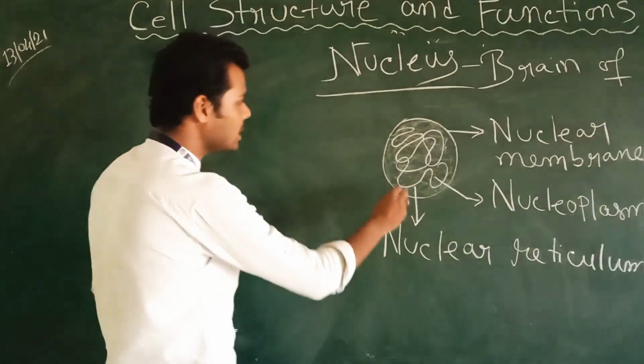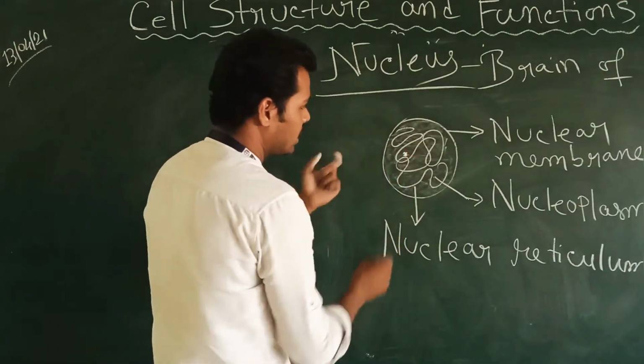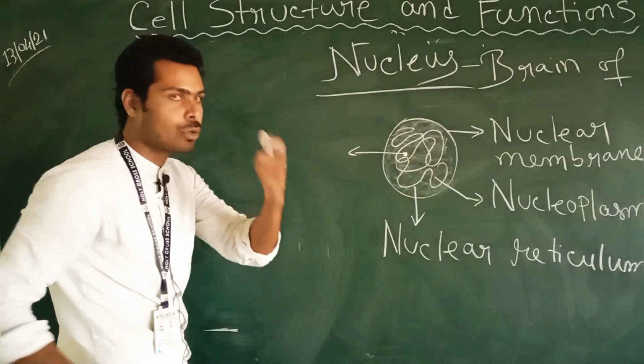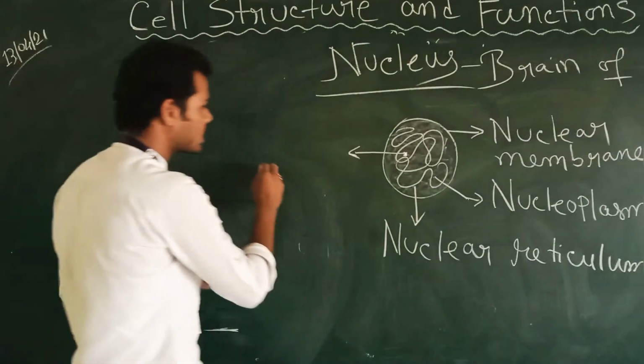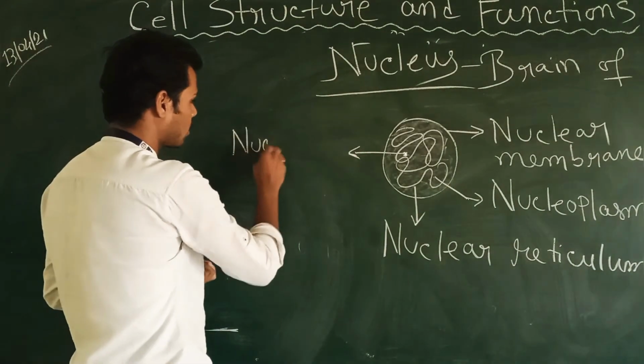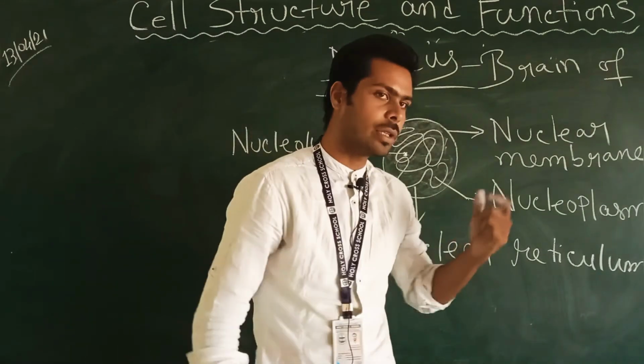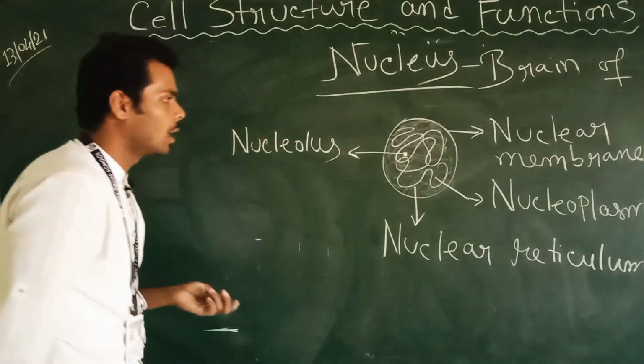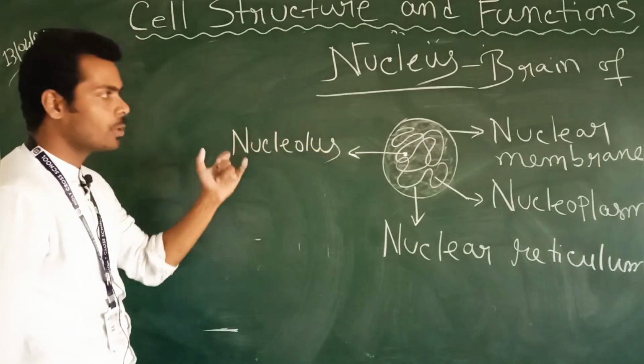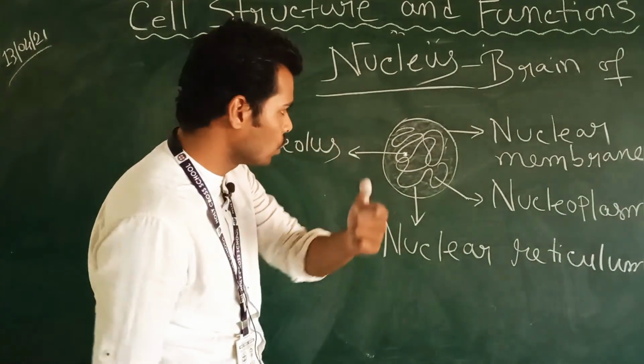And fourth is the nucleolus. It's a kind of spherical protein ball called the nucleolus, composed of proteins and RNA. So these are the 4 components of a nucleus which you need to know.